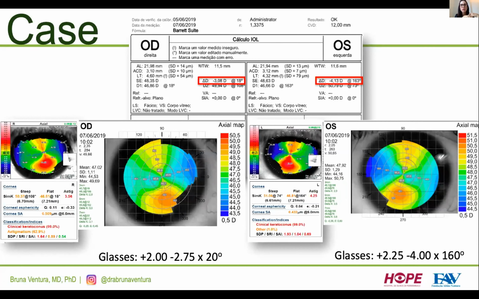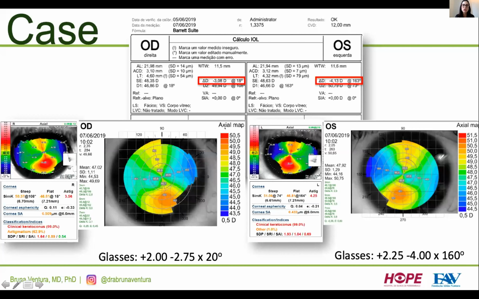My routine is to get an IOL Master 700, an OPD, and an ISIS, sometimes also the Galilei measurement. Deciding which measurement to take into consideration for my toric calculation, I decided to go with the measurement obtained by the IOL Master 700.